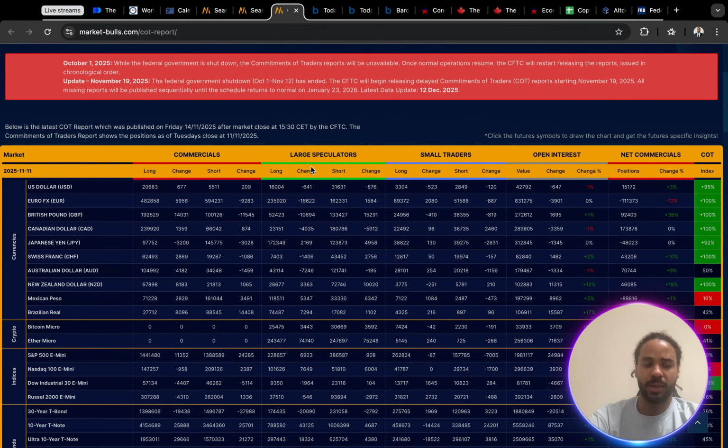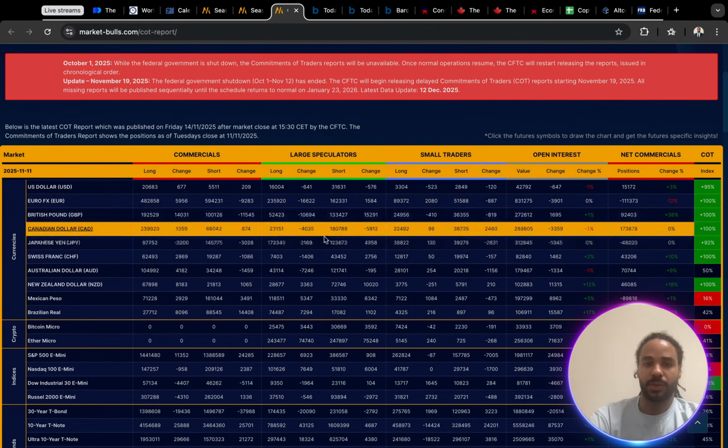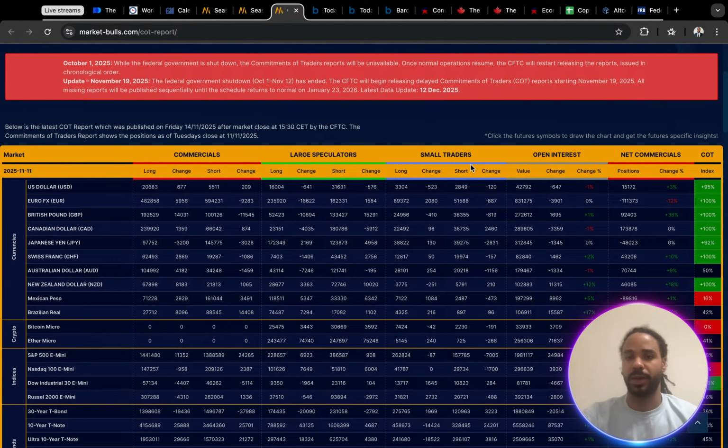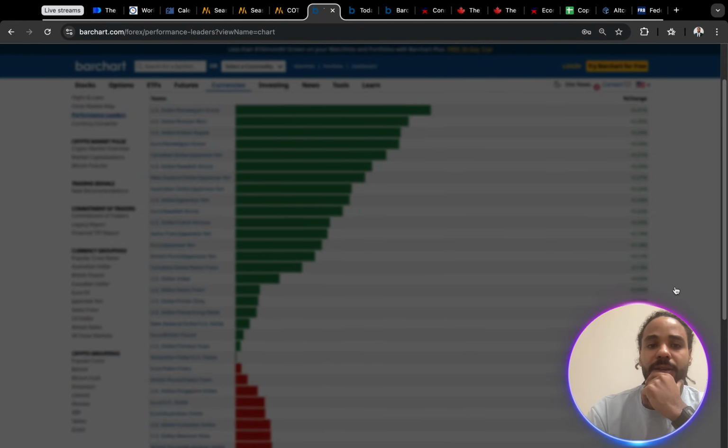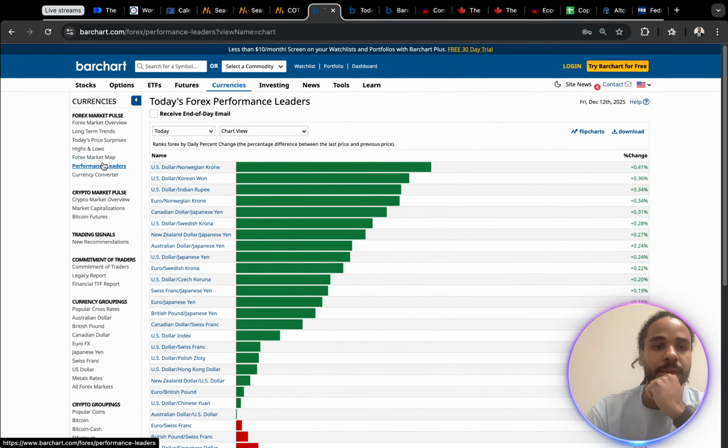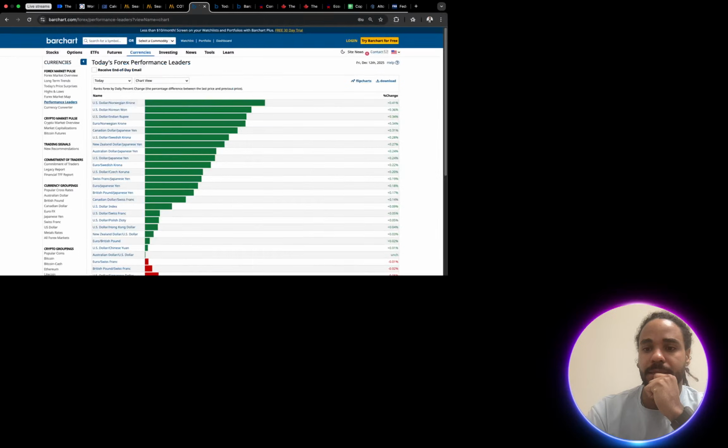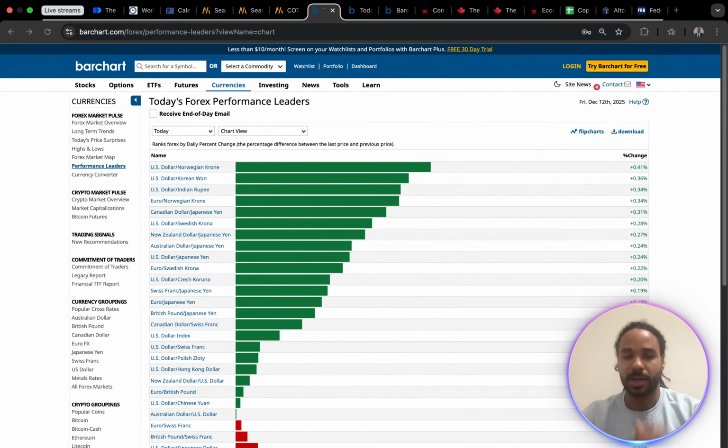There's a whole series that I've done on COT analysis. And that is one way you could also check that. Look at small traders. Open interest is a big one as well, and you could check open interest on the Barchart website. Okay, the Barchart website is a great way. So this is pretty much how it's done.